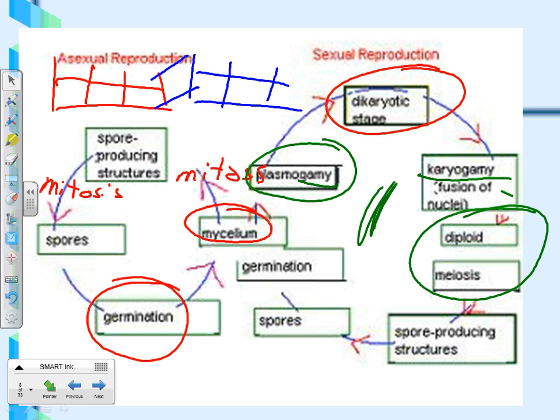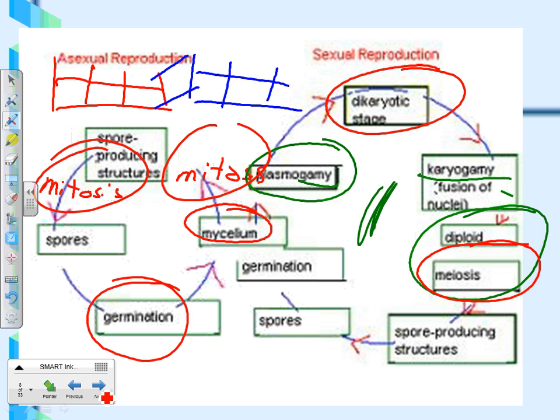Meiosis is sort of the opposite of mitosis. These over here, mitosis, what can we say about all the babies made over here? They're all exactly alike. One cell divides into two identical cells. These are different. That's the purpose of meiosis. Takes one diploid, makes four haploids that are different from each other.